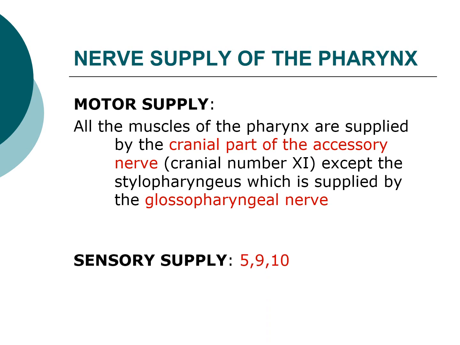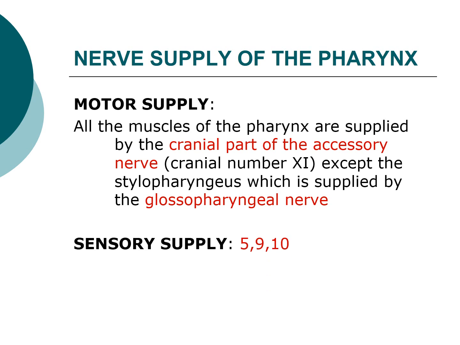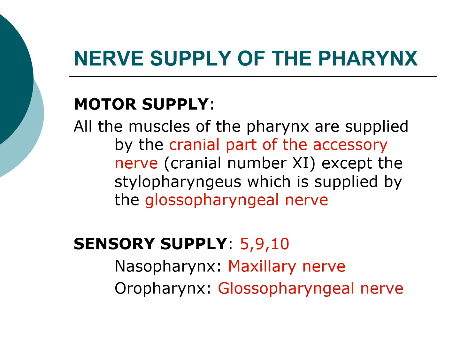The sensory supply, remember 5, 9, 10. The nasopharynx is supplied by the maxillary nerve, which is a branch from the trigeminal, number 5. The oropharynx is supplied by the glossopharyngeal, while the laryngopharynx is supplied by the vagus.